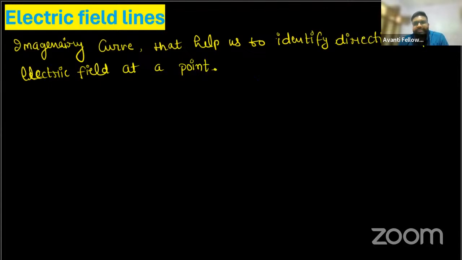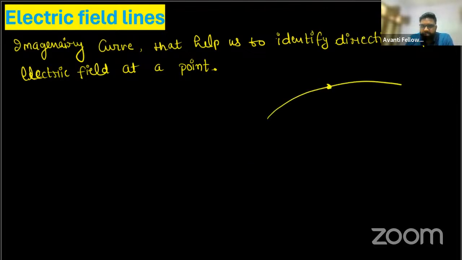Because if you know the direction of electric field, you can also guess the direction of force, because force की direction भी वही होगी जो electric field की होगी. And I would say it oppositely, that whatever the direction of the force, same direction of the electric field भी. ठीक है? So suppose this is the electric field lines.